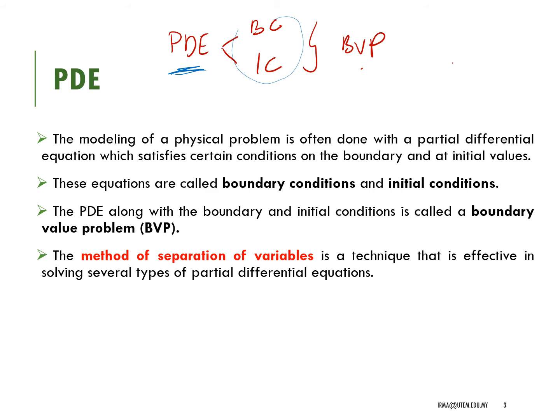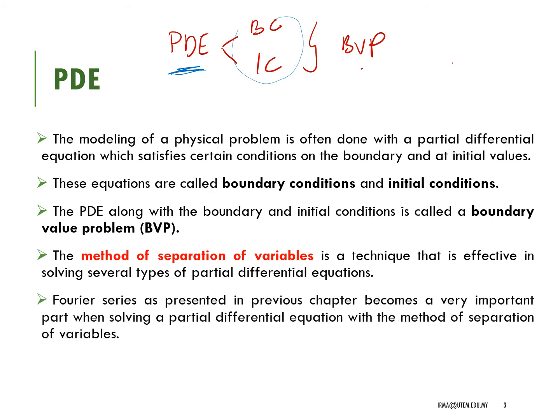We only have one analytical method, the method of separation of variables, to solve the PDE, because this is the most effective method to solve several types of PDE. And Fourier series, as presented in the previous chapter, becomes a very important part when solving a PDE with the method of separation of variables, especially for the boundary value problem.